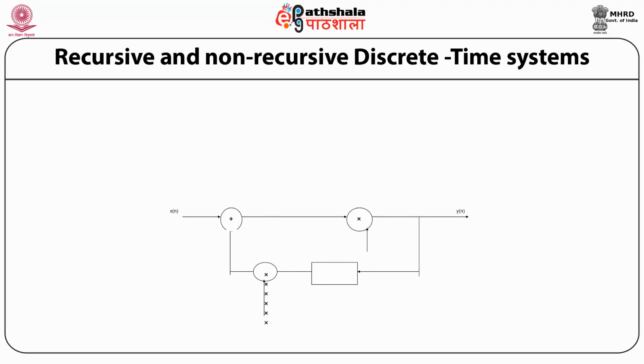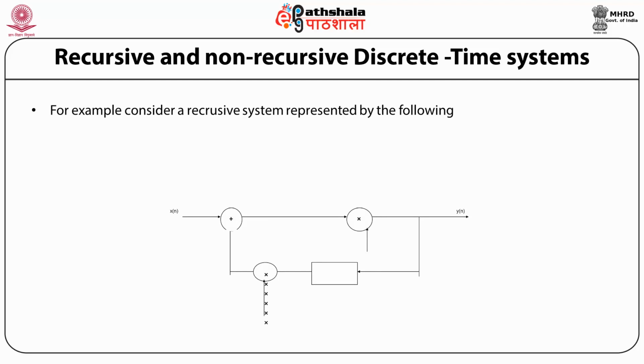Coming back to the recursive system, let us consider an example represented by y(n) equal to n by (n plus 1) multiplied by y(n minus 1) plus 1 by (n plus 1) multiplied by x(n).